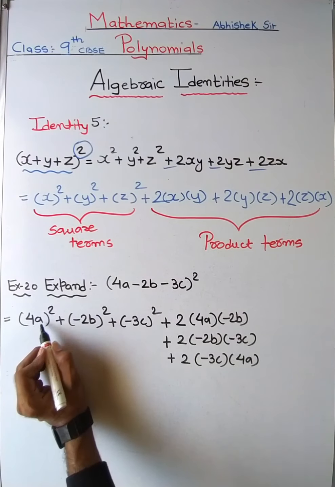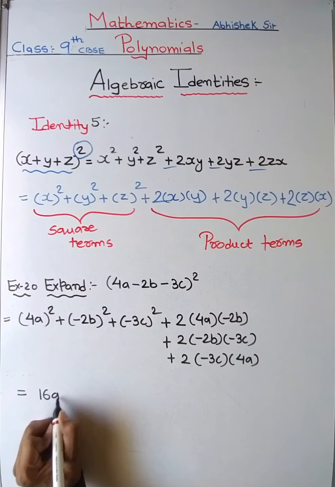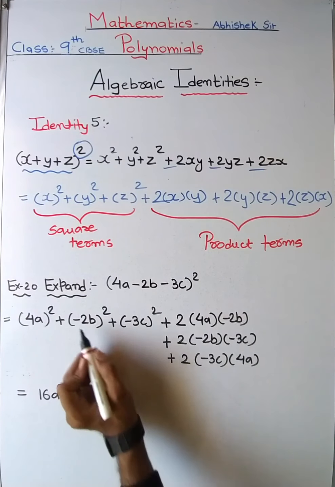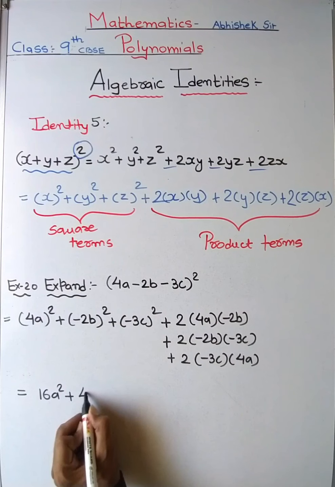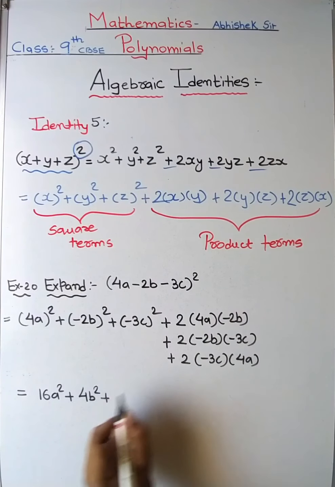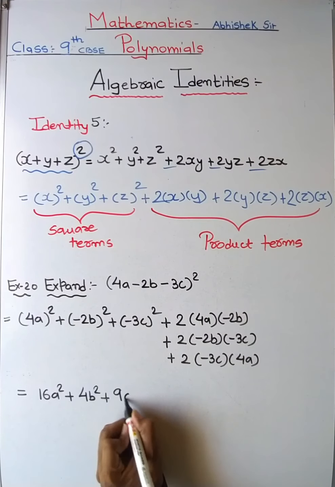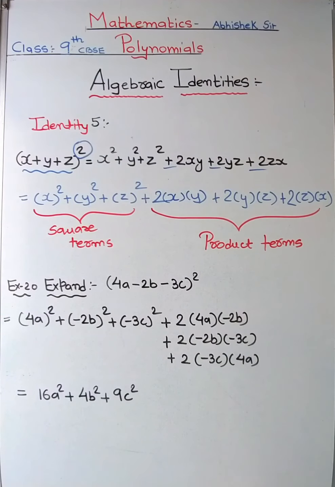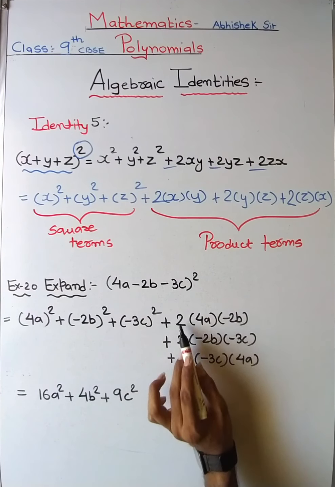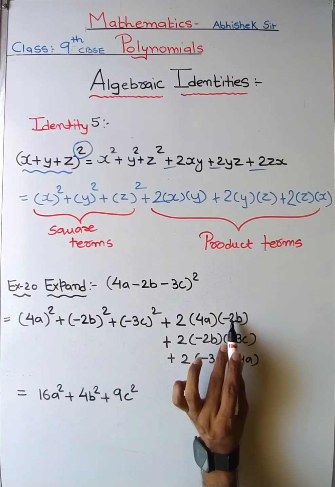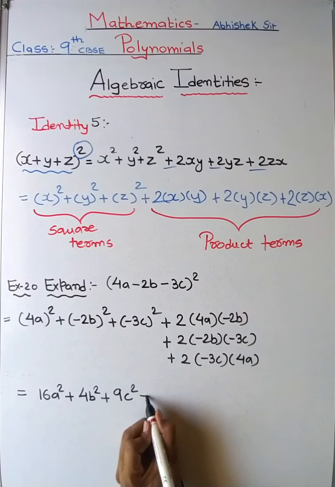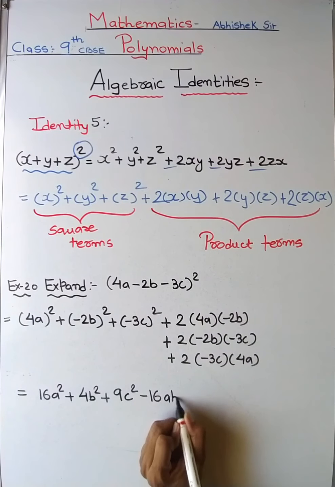Now squaring, 4a square will be 16a square, plus minus 2 square will be plus 4, b square will be b square, minus 3 square will be 9, c square. Okay, now here you take care. 2 4s are 8, 8 2s are 16, minus sign is there, so minus 16ab.